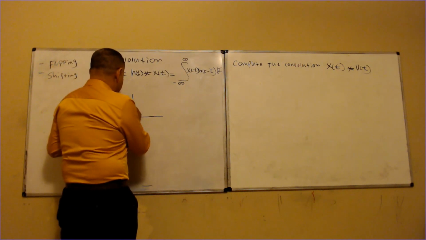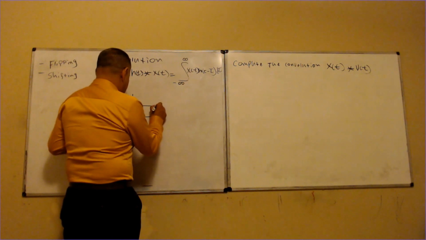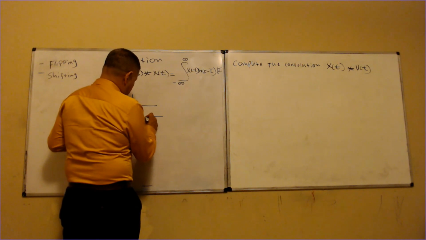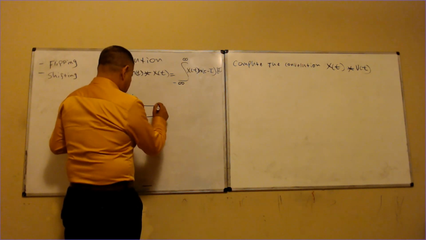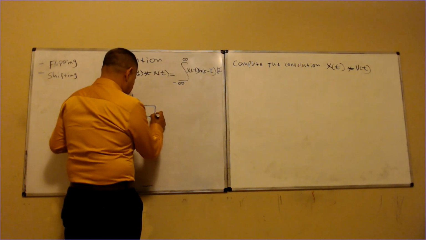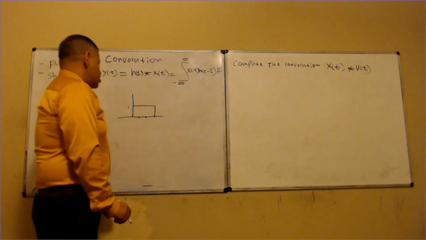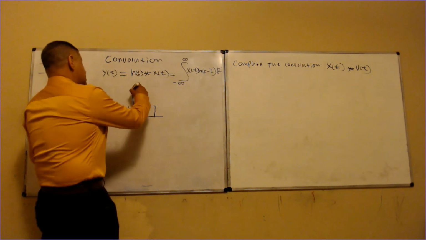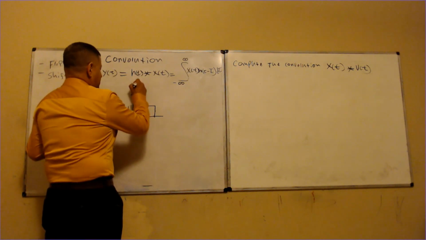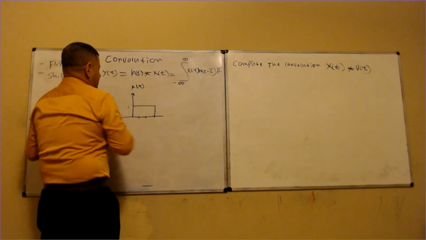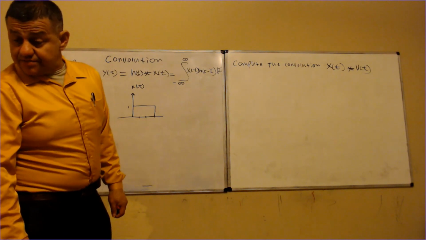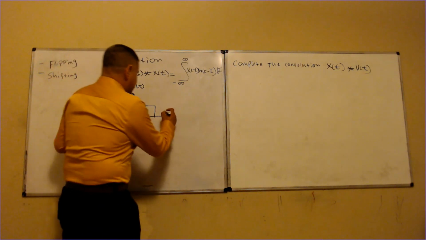The height is 1, and it goes like this until 1, 2, and 3, and then goes down like that. So that is x of t, and of course this is the time axis.